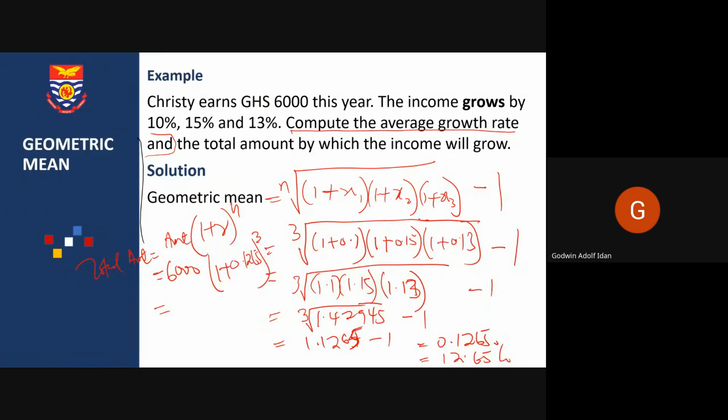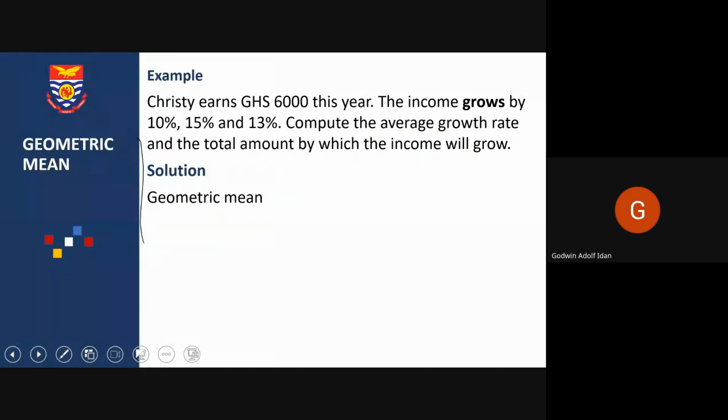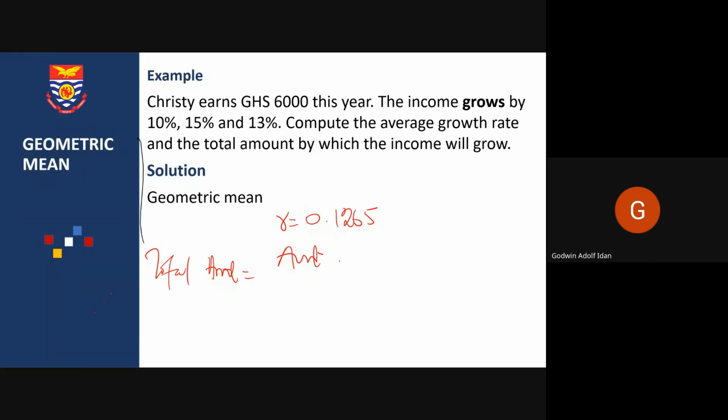I hope it's clear. Let me make it clear here. After computing the R to be equal to 0.1265, then we go to calculate the total amount at the end of the 3 years as the amount invested or the amount you have from the scratch multiplying 1 plus the R that you've computed raised to the power n.